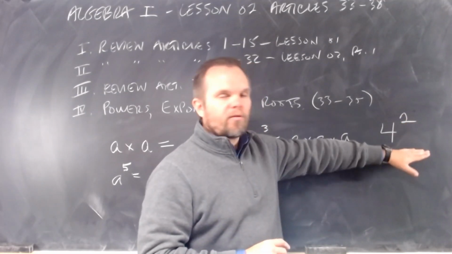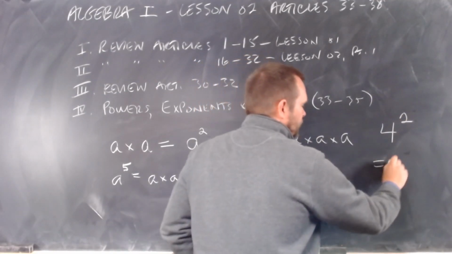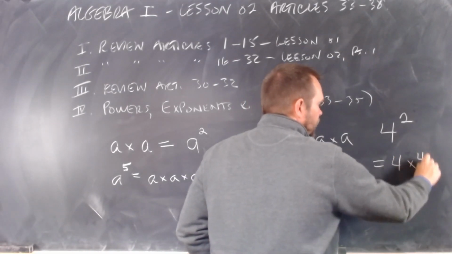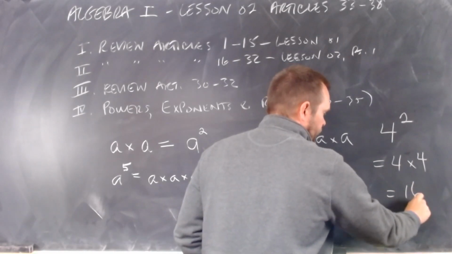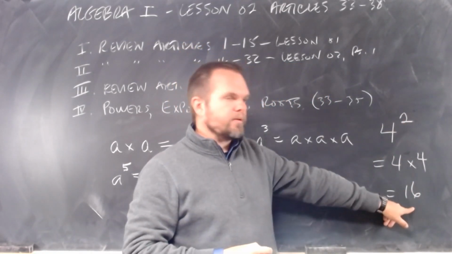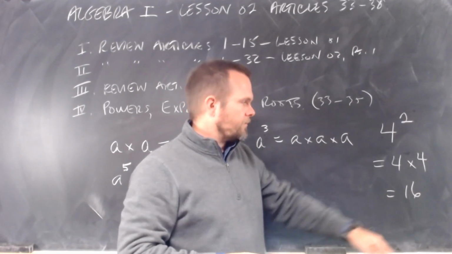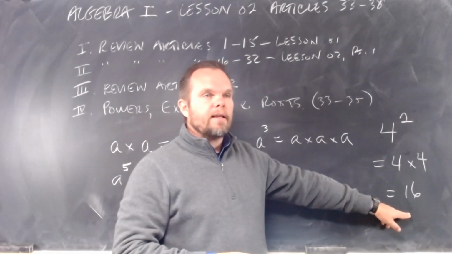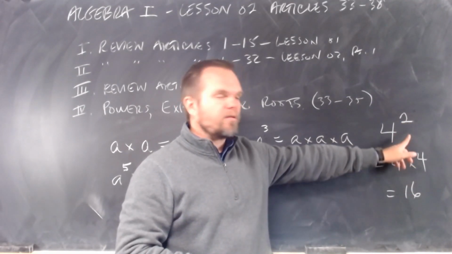We can read this as 4 to the 2nd power. And what it means is the multiplication of 4 times 4. And what's 4 times 4? 16. So 4 squared equals 16. 16 is 4 to the 2nd power. 16 is 4 squared.